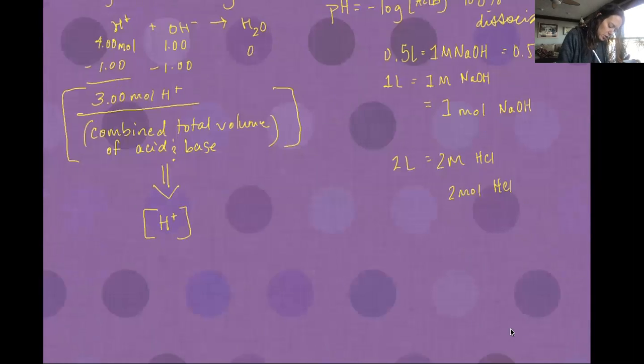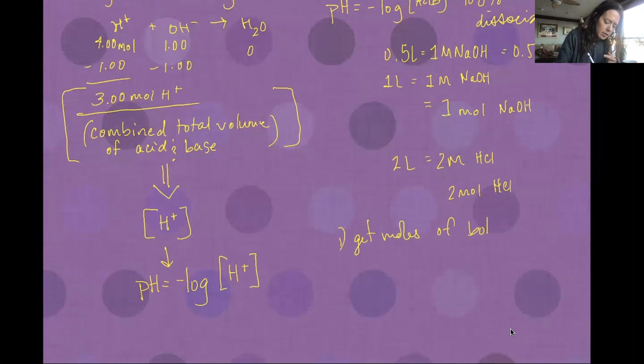And then we would just simply get the pH is equal to the negative log of that hydrogen concentration. So we need to get the moles of both acid and base. We do the stoichiometry.